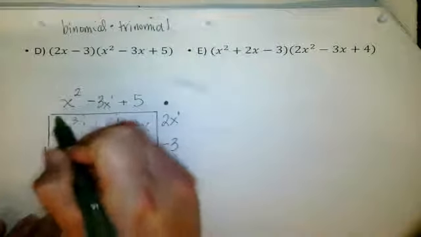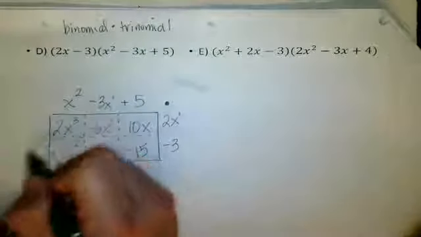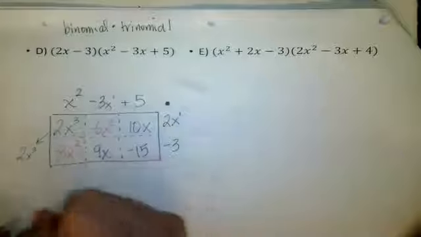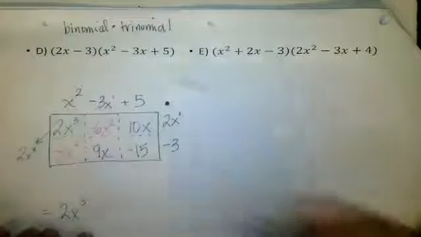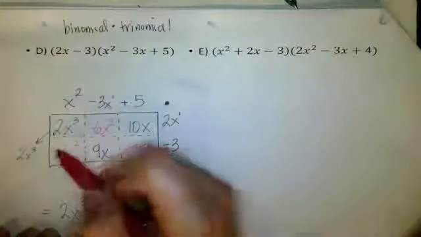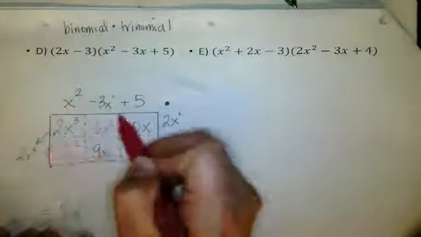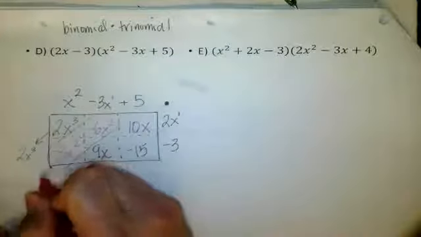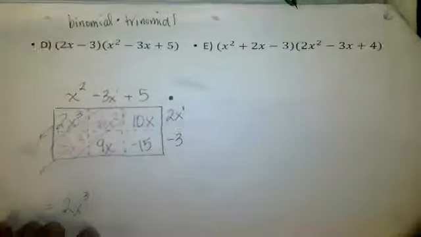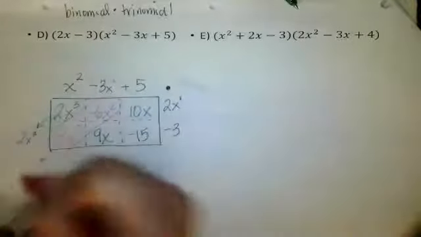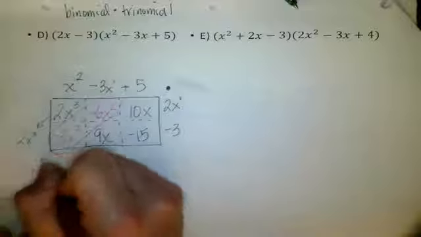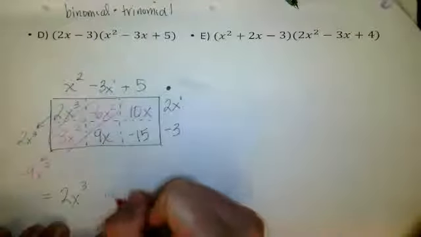Does 2x cubed have any friends? No, it's just 2x cubed. Then I have a negative 3x squared and a negative 6x squared. What does that combine to be? Negative 9x squared. Very good.